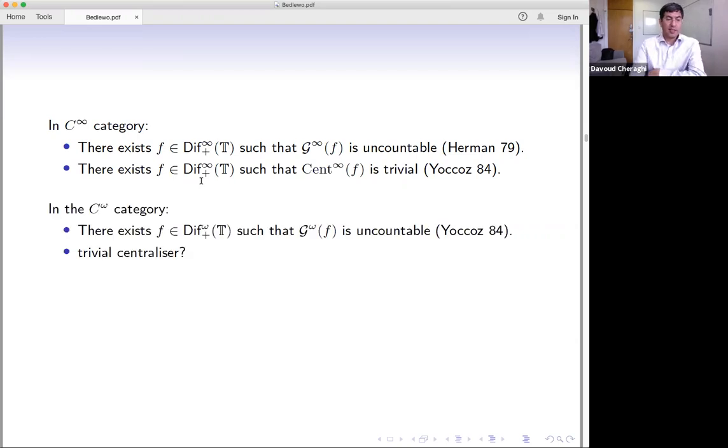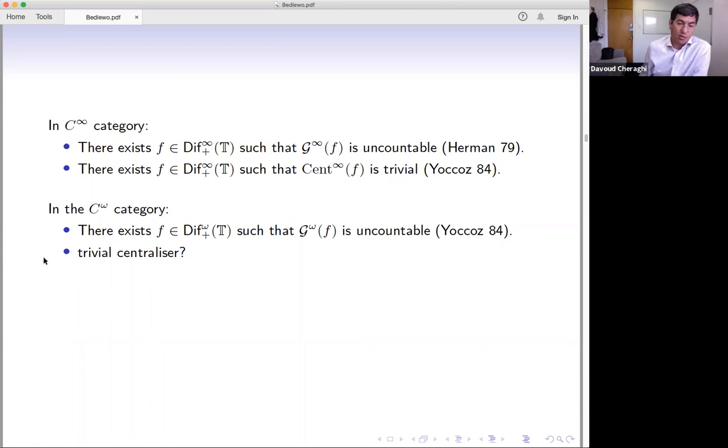In the analytic case, Yoccoz shows that there exists an analytic circle diffeomorphism, non-linearizable, such that the group of symmetries is uncountable.